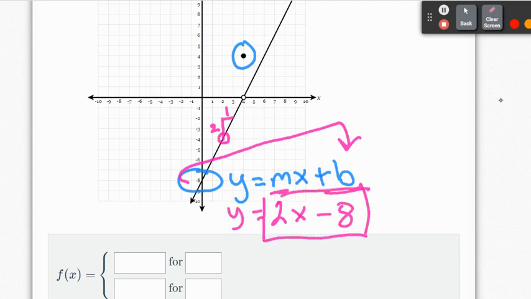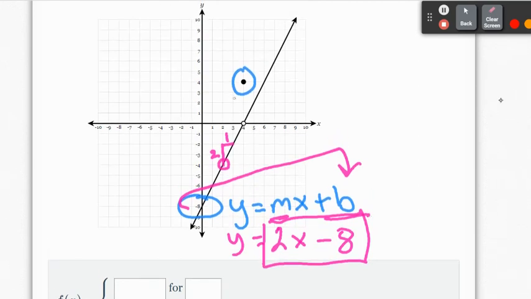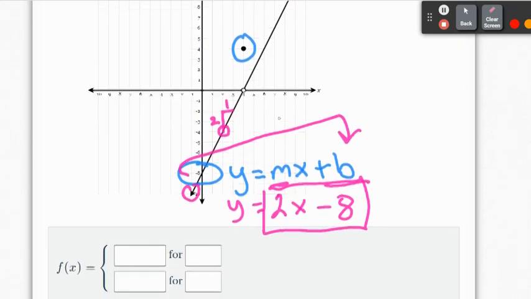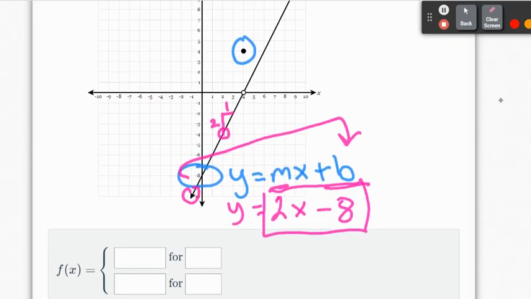Now that line is everywhere except one spot. Notice there's an arrow to the right, there's an arrow to the left. This line would be the whole function except for that one piece. So here's what that means. We use that line definition everywhere except when x is 4. So down in our function definition, we go ahead and write 2x minus 8.